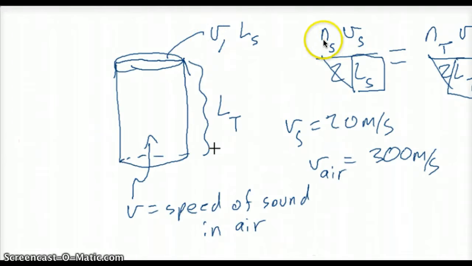And we can have an integer times the speed of sound over 2L, which equals the integer for the string times the speed over 2L. And to find the length, you cancel those out and do some algebra.